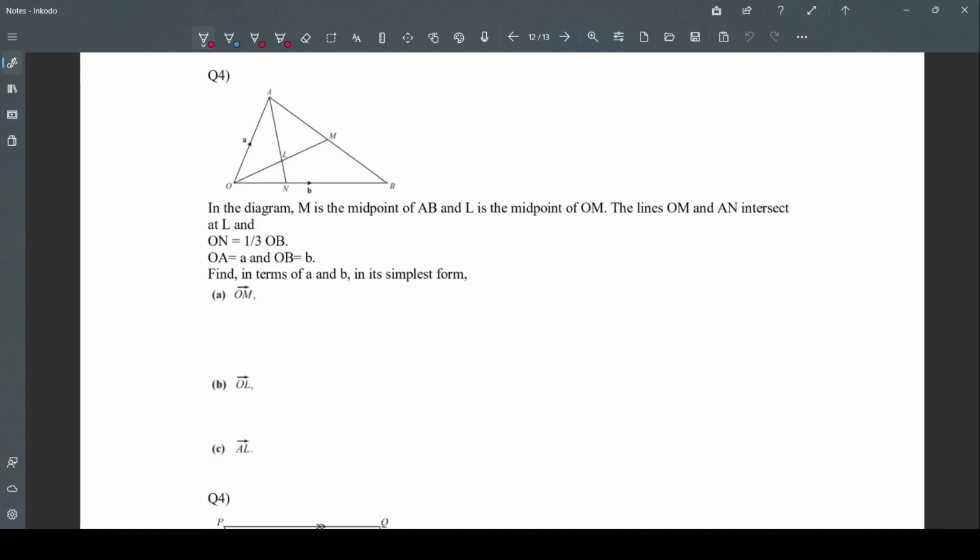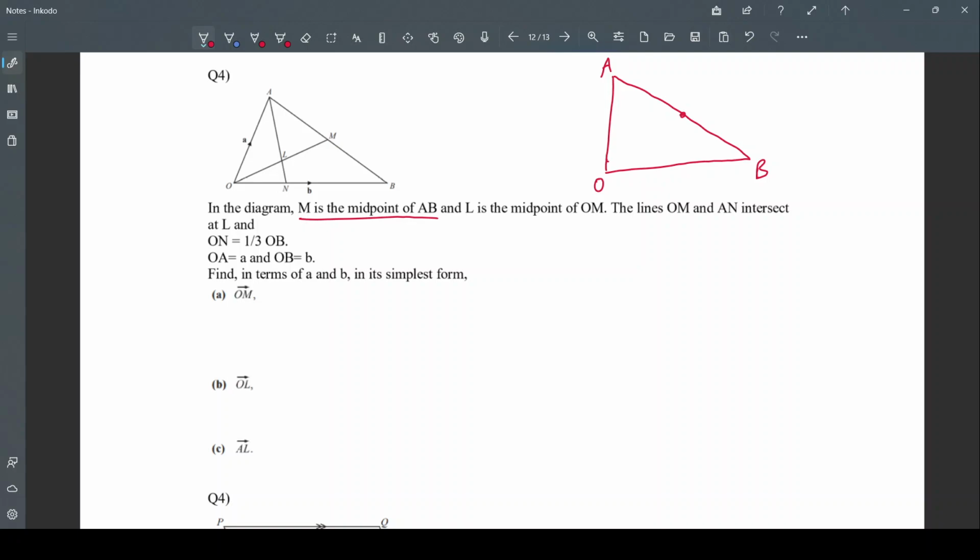You can see here we have a triangle in which M is the midpoint. I'll draw a triangle for you because it will be easier to understand. This is a triangle with points A, O and B, and they have said M is the midpoint of AB.